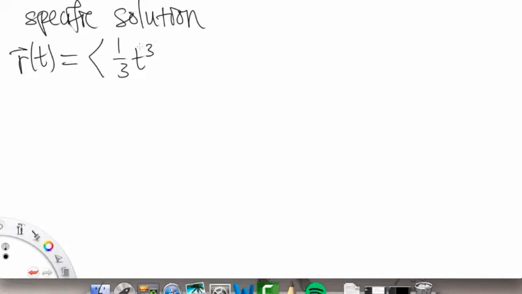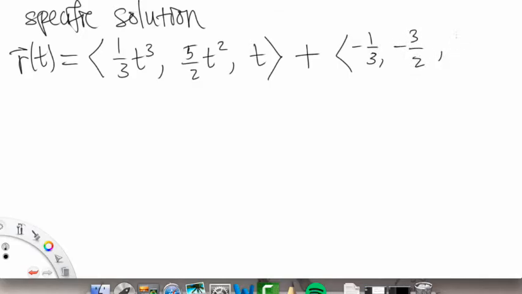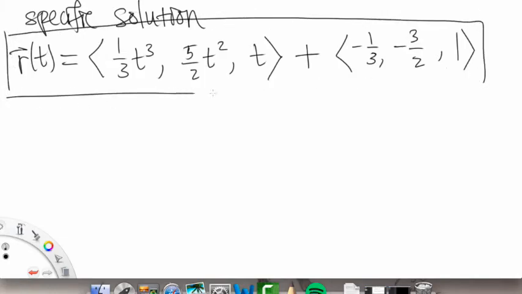So we have this as our first component, and then 5 over 2 t squared for our second component, and a t. And we're going to add our d, which we found was negative 1 over 3, negative 3/2, and a positive 1. So this is basically it. This is what we found for our specific solution.